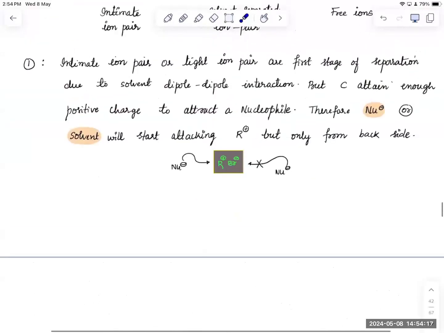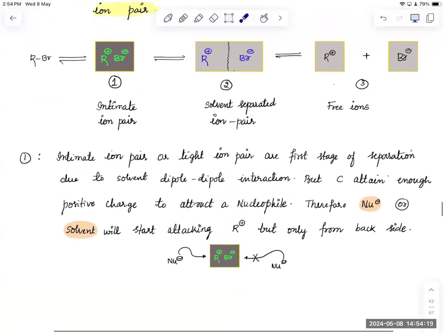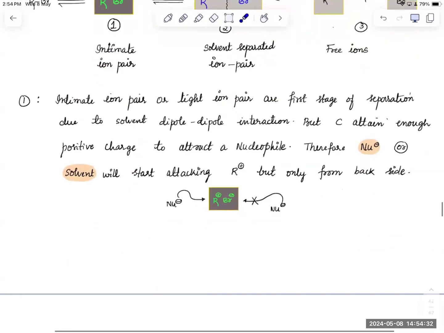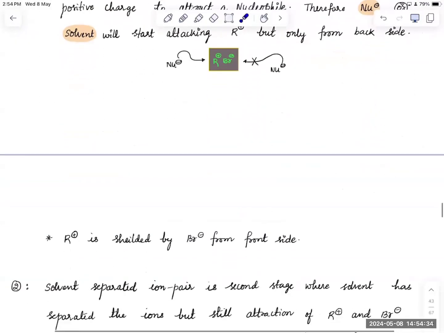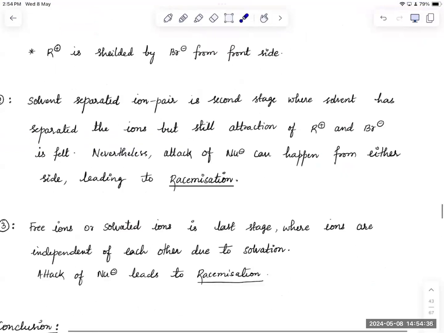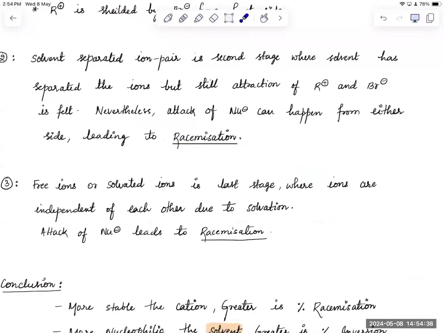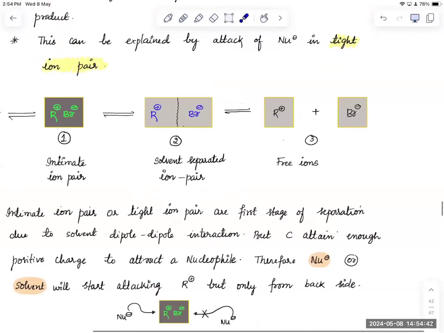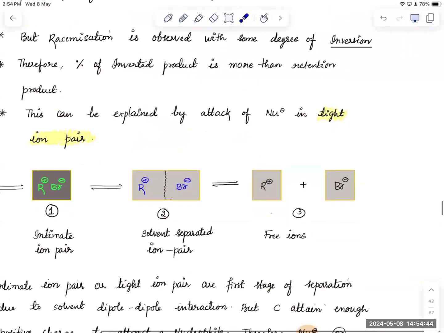From this stage onwards, more of the backside attack will be there, but slowly the attack from the other side will also start. And when attack from both sides starts, and if the rate is the same, then we say racemization is happening. That is what we are trying to explain here. In the solvent separated ion pair, we can say mostly racemization is favorable.